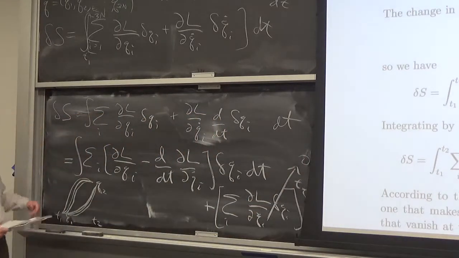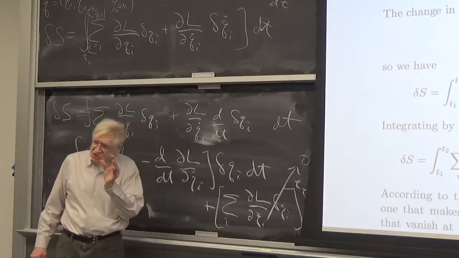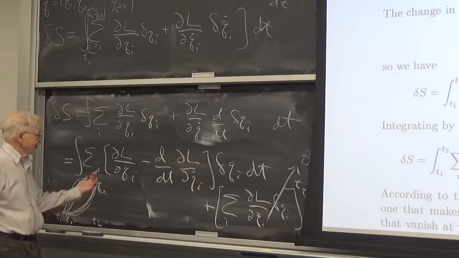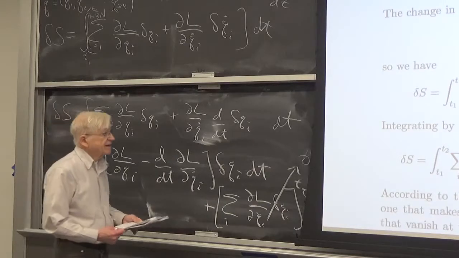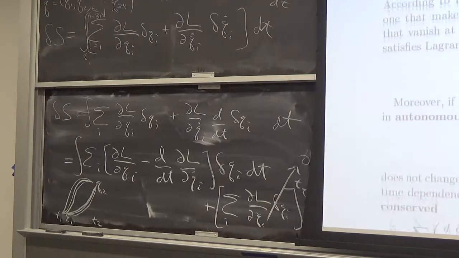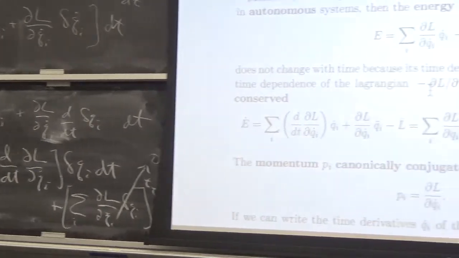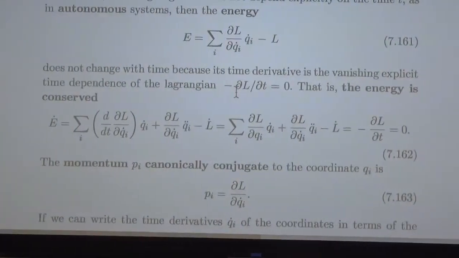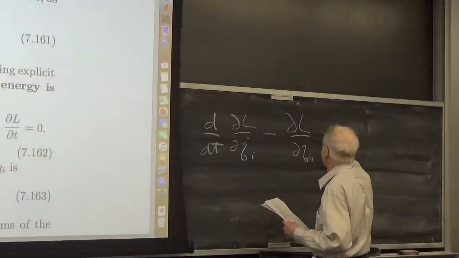And then if we want this to be extremal with respect to any arbitrary change in the path, then this thing has to be identically 0 at all times. And so what we get is Lagrange's equations, which are d by dt partial L partial Qi dot minus partial L partial Qi has to be 0.